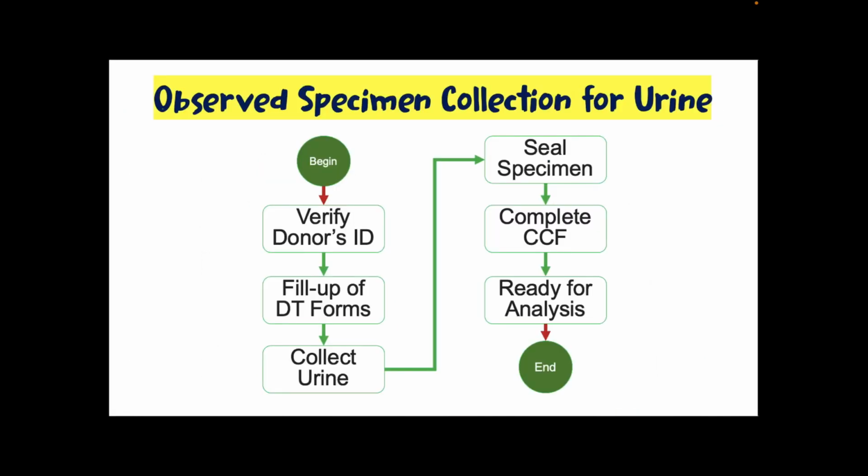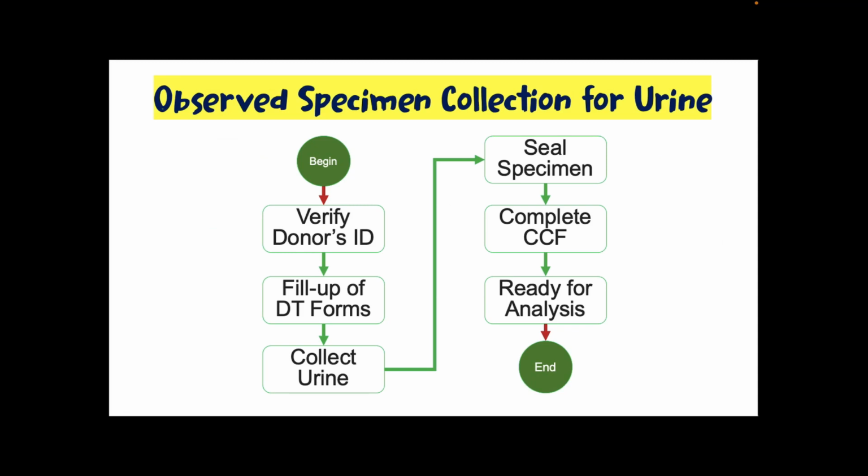And also, let's proceed to the observed specimen collection for urine. So this one is a diagram of the summary of how the workflow in the urine collection for drug testing is done in the laboratory. So this one focuses on the collection of urine specimen.